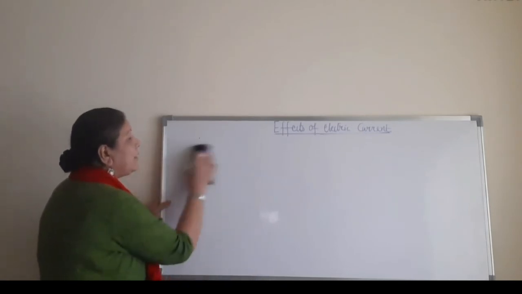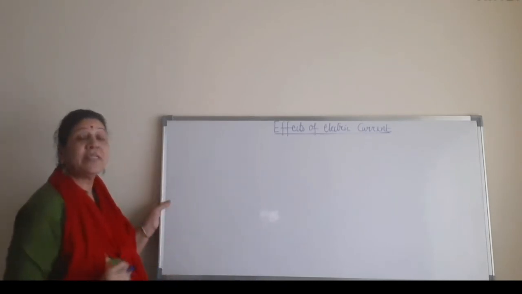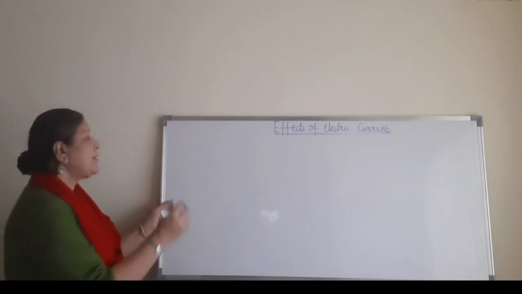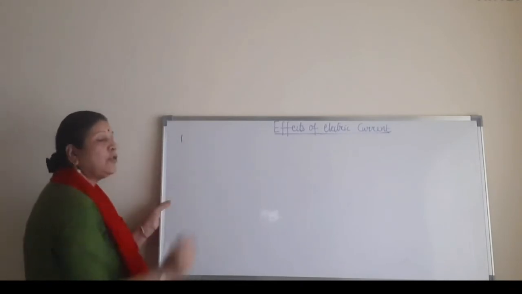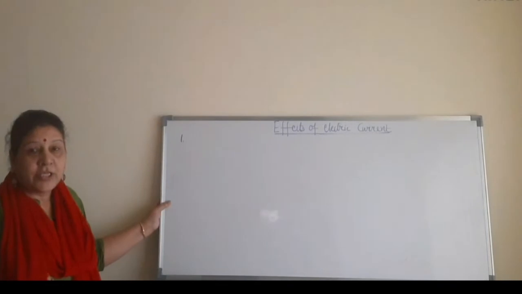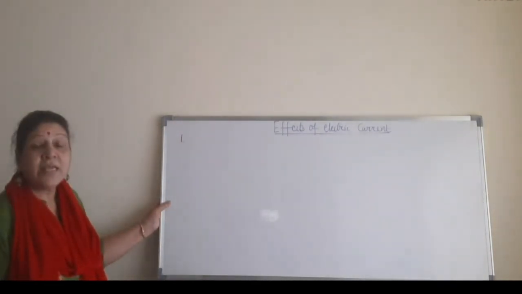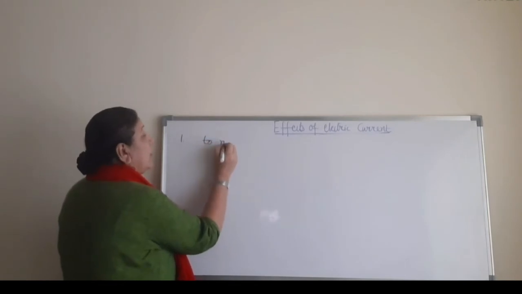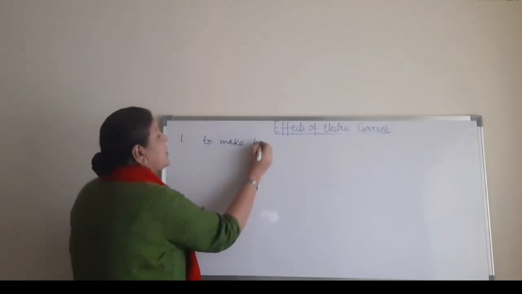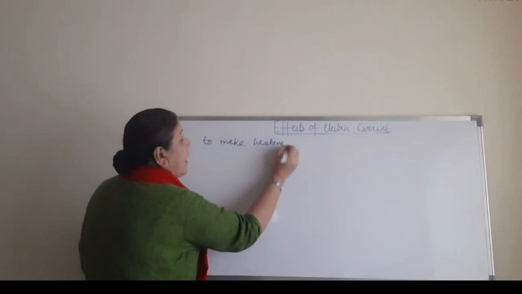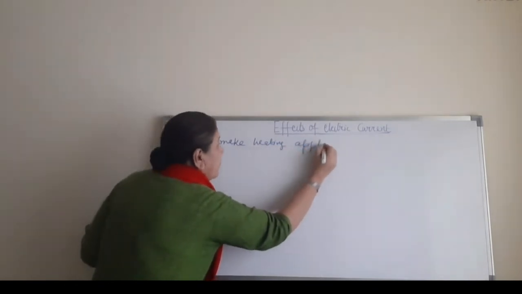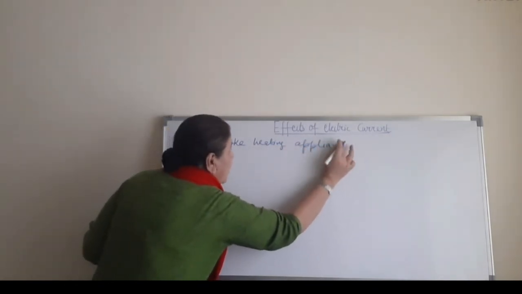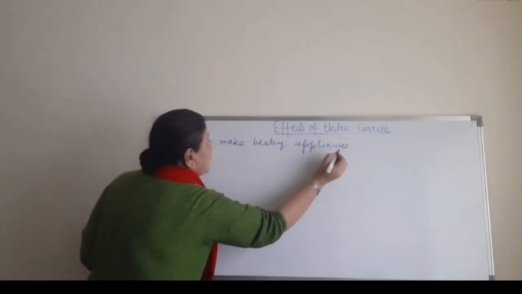Now we'll take the applications of this heat energy, or this formula H is equal to I squared R T. The first thing is, it is used to make heating appliances or equipment.